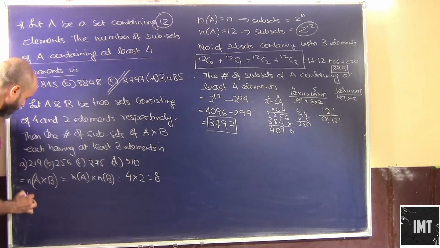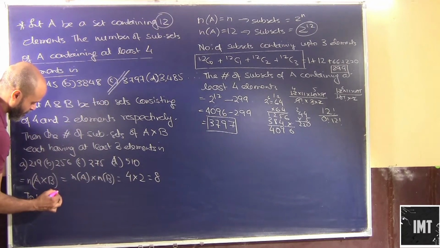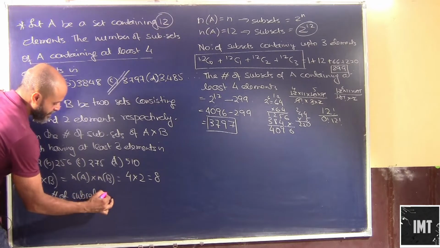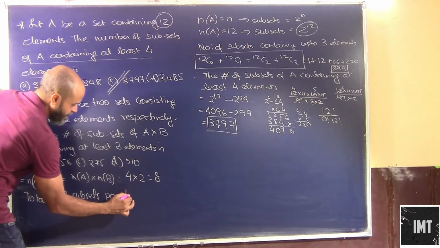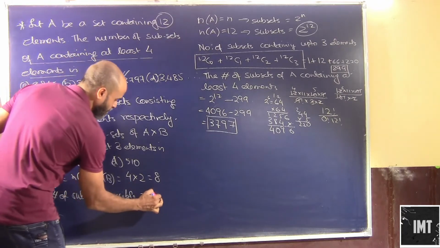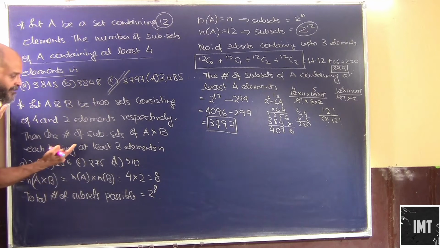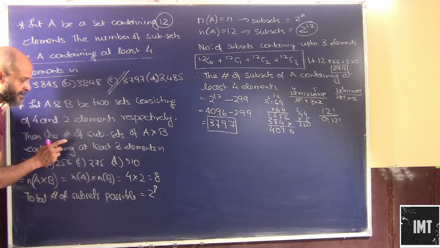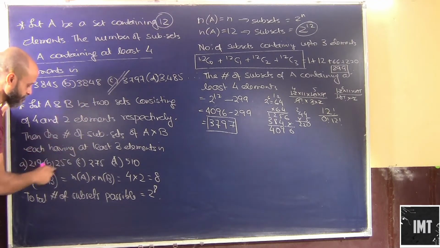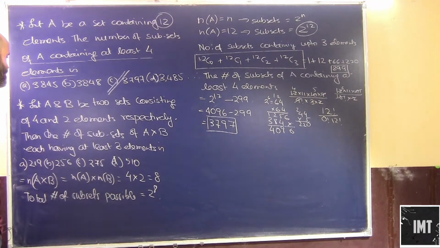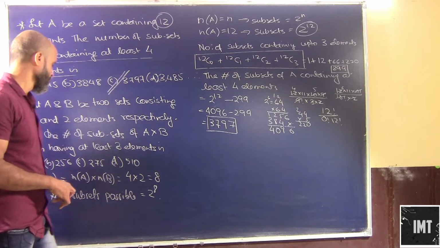So the total number of subsets possible will be equal to 2 to the power of 8. Now we have to find the subsets having at least 3 elements, which means that we have to ignore anything below 3.